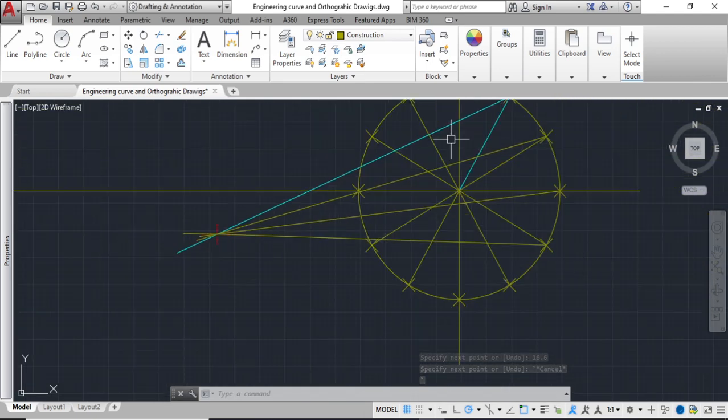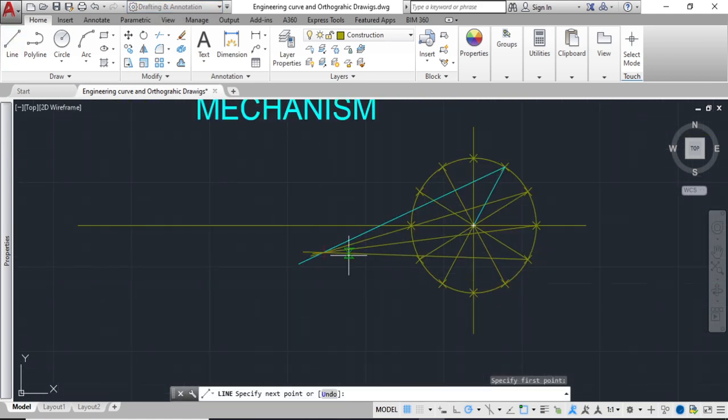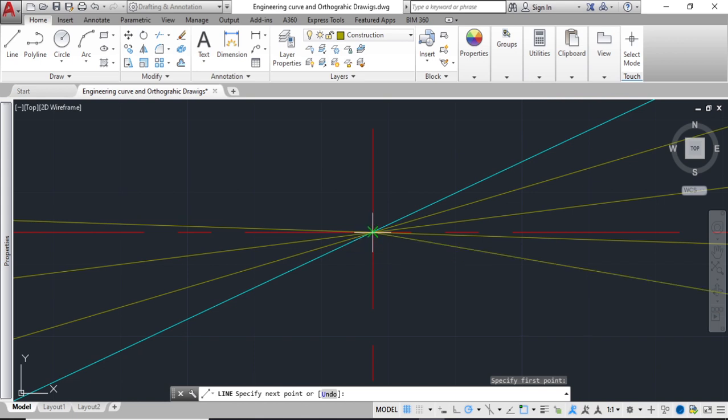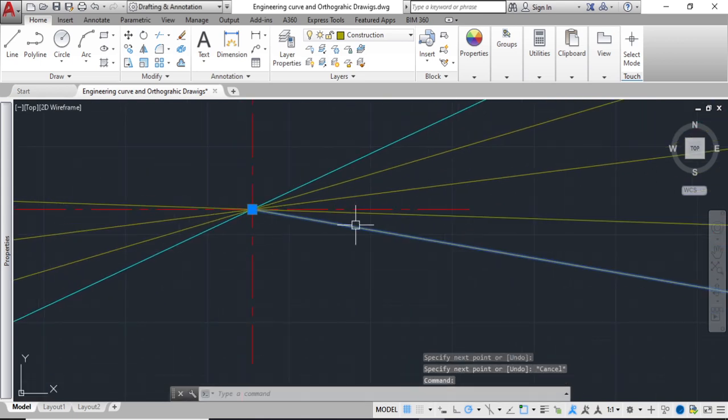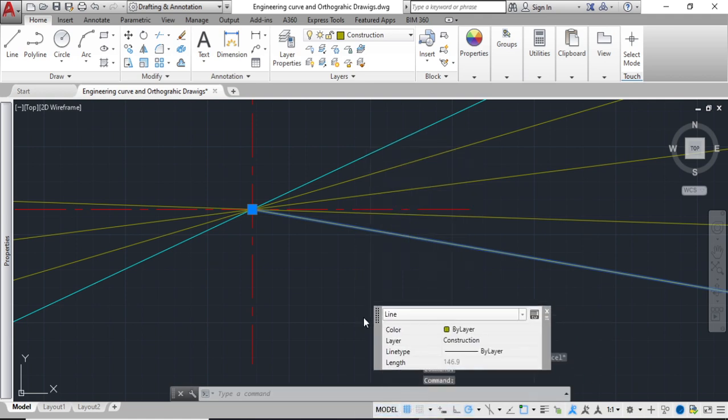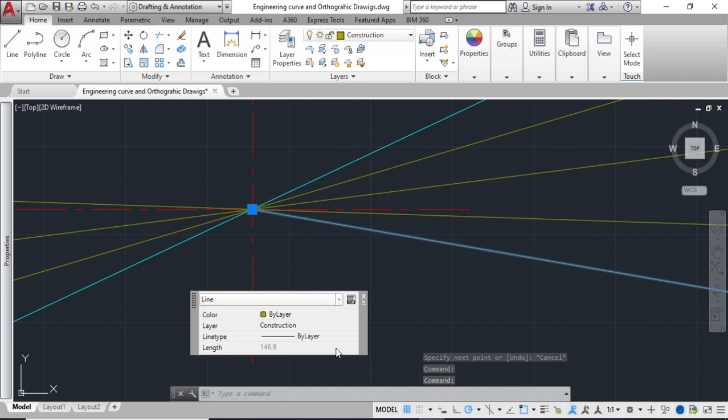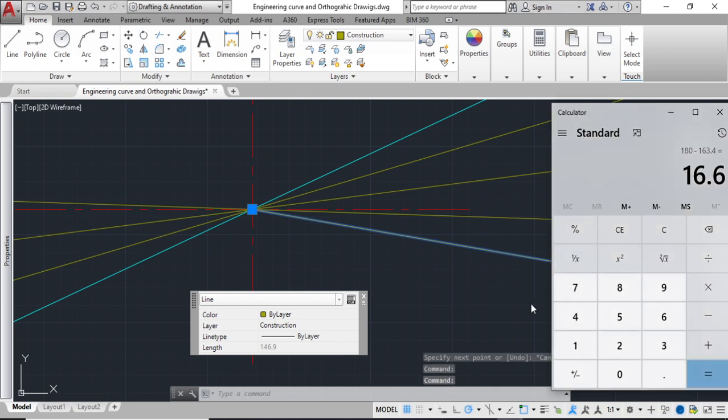Right, for the next one now, to center C. Alright, what is the measurement of this one? It is quick properties, 146.9. So 180 minus 146.9 gives you 33.1.